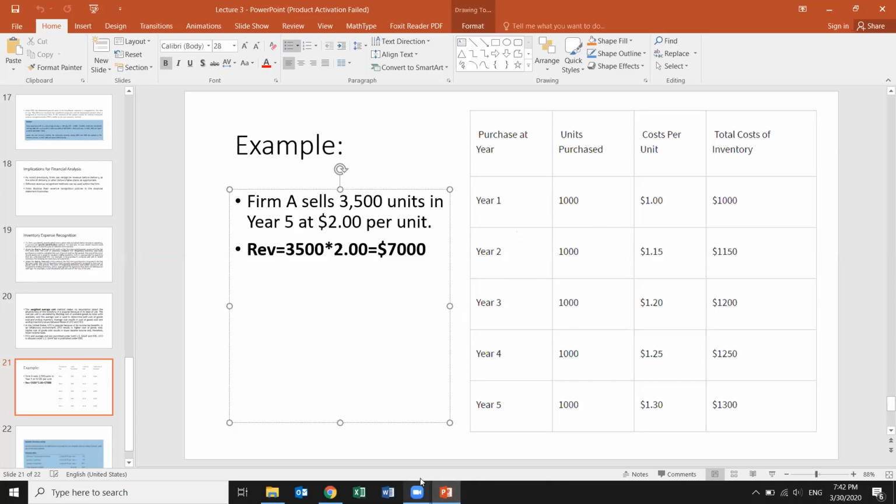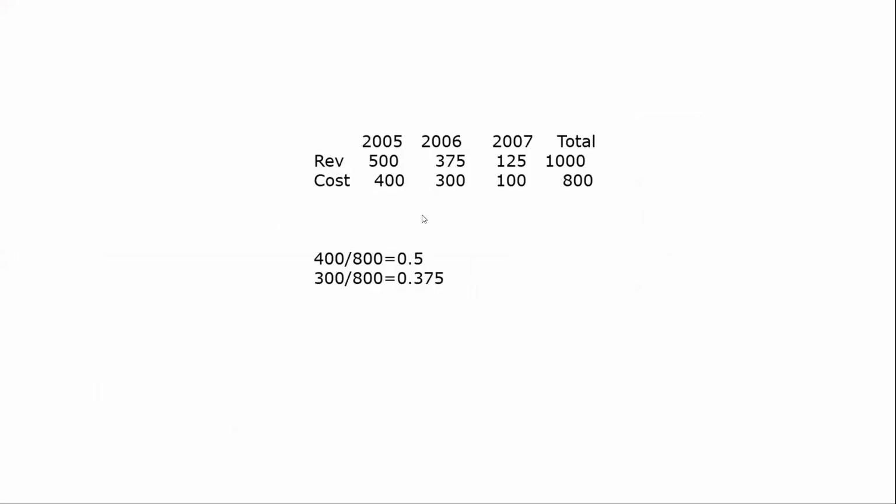let me share the board with you. So in LIFO, year 1, let me just make it like this, divide by methodology. This is FIFO, first in, first out.